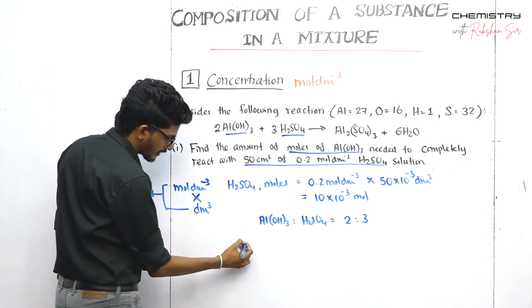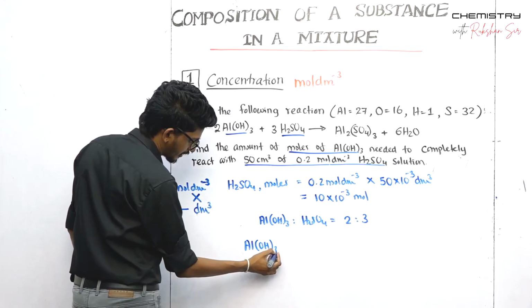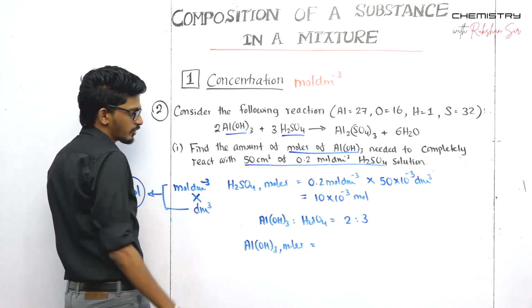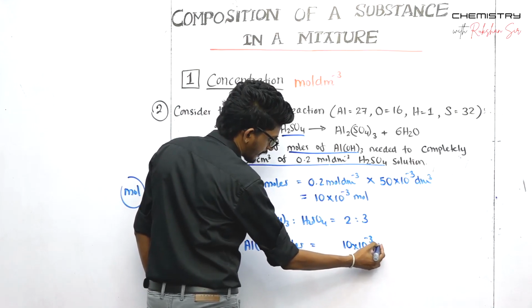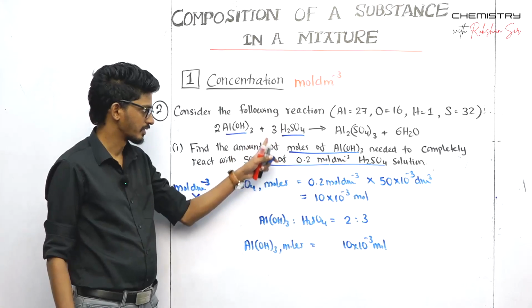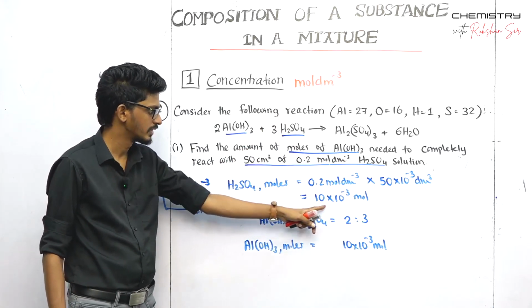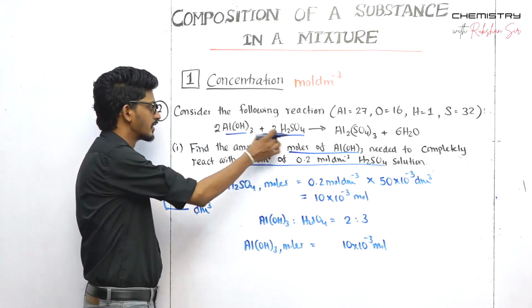We can write using stoichiometry the moles of aluminium hydroxide. So 10 into 10 to the power minus 3, that number of moles is actually representing 3 portions. The H2SO4 is representing 3 portions, but we need such 2 portions.